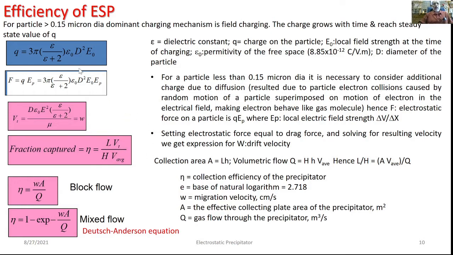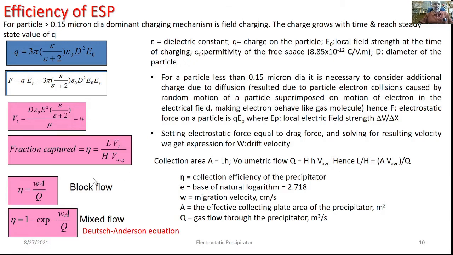In case of this ESP, as we discussed the constructional aspects, the collection area of a plate is LH, whereas the volumetric flow can be given by Q in terms of H into the average gas velocity. Hence, this L by H can be given as A into V average by Q.